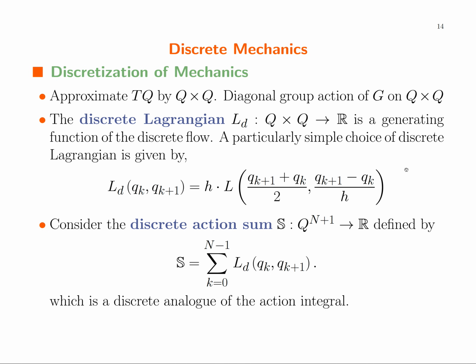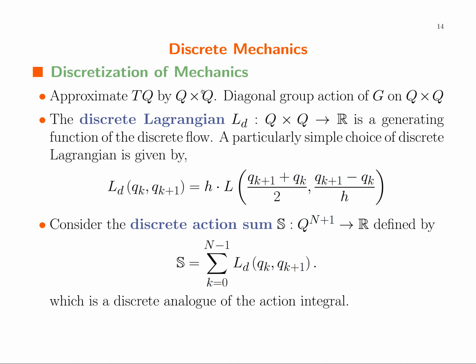All right, so you can ask, well, how do you go about discretizing something like this? What you do is you approximate the tangent space, the position and velocity space, by two copies of the position space of the configuration manifold. One way to think about this is that these two copies of positions represent the position of the system at two nearby times.